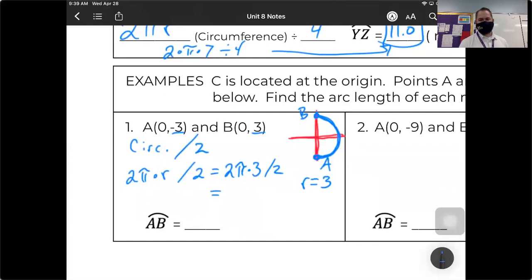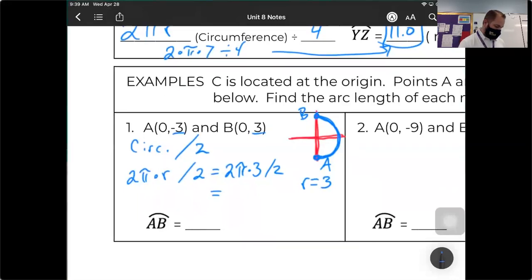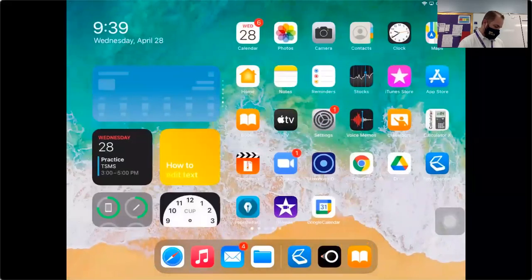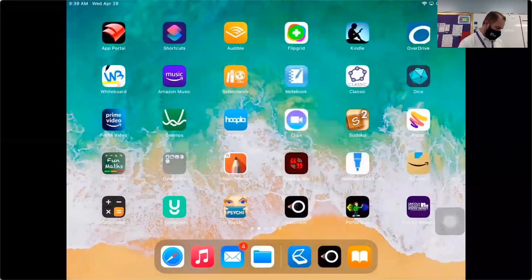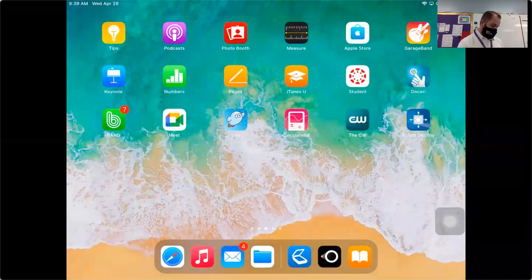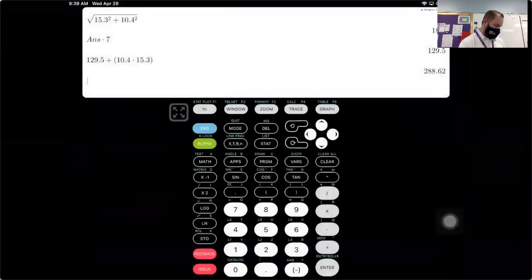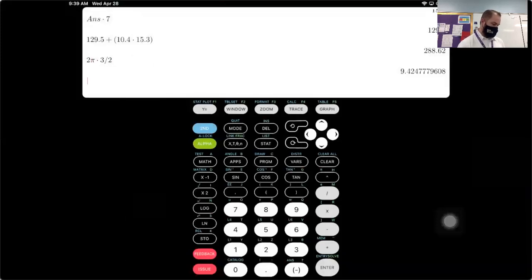We are all over the place. Okay, so let me show you this. There's no square roots. We shouldn't be square rooting anything. So we do 2 times pi times the radius of 3 divided by 2. 9.4.